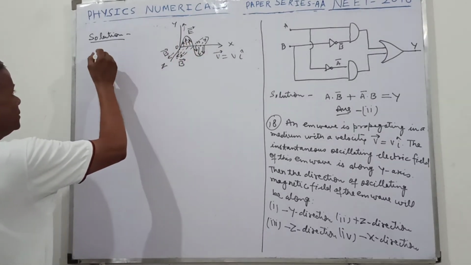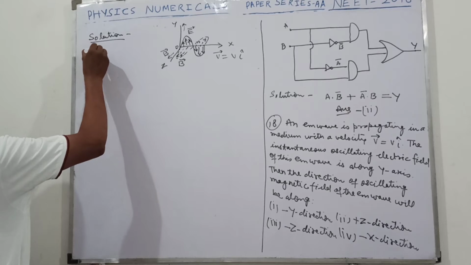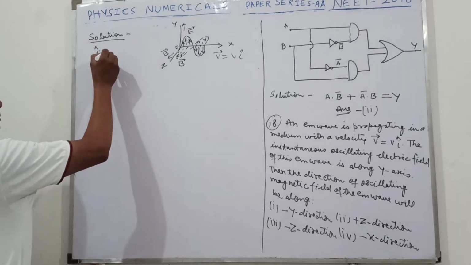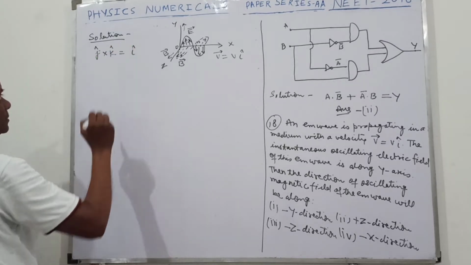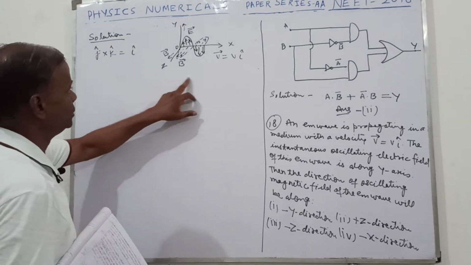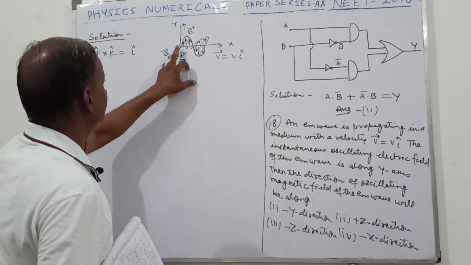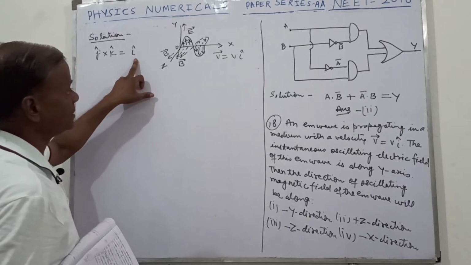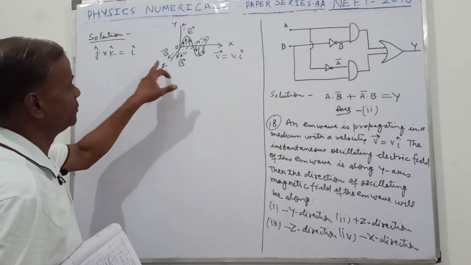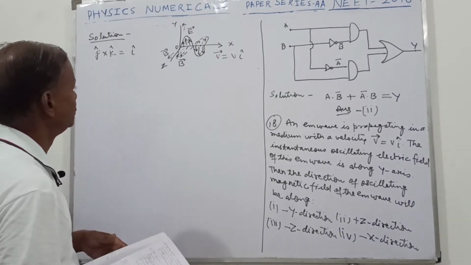Then to find the direction, you can see that this is along Y, so this is your j cross, now this is your k. Then this is equal to i. j cross k equal to i. So i is given here. So you are getting the speed of the EM wave.